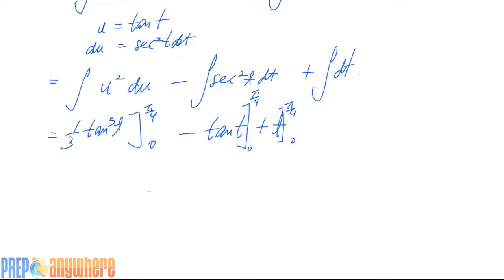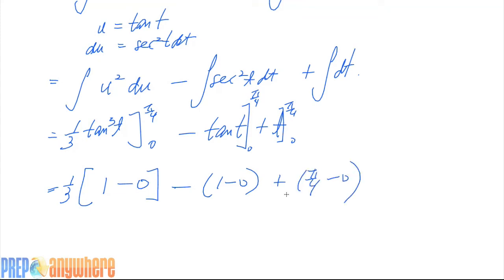Tangent of pi over 4 is 1, so it's going to be 1 cubed minus 0 cubed. Here it's going to be 1 minus 0. Here it's going to be pi over 4 minus 0. So we have 1/3 minus 1 plus pi over 4. So let's write that as pi over 4, and 1/3 minus 1 is minus 2 over 3.